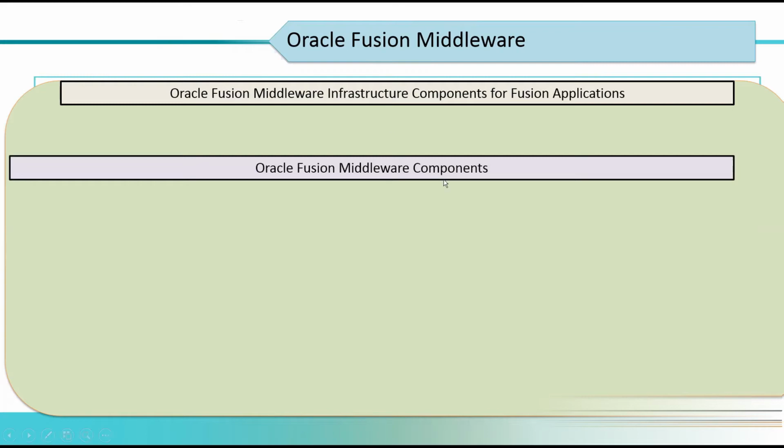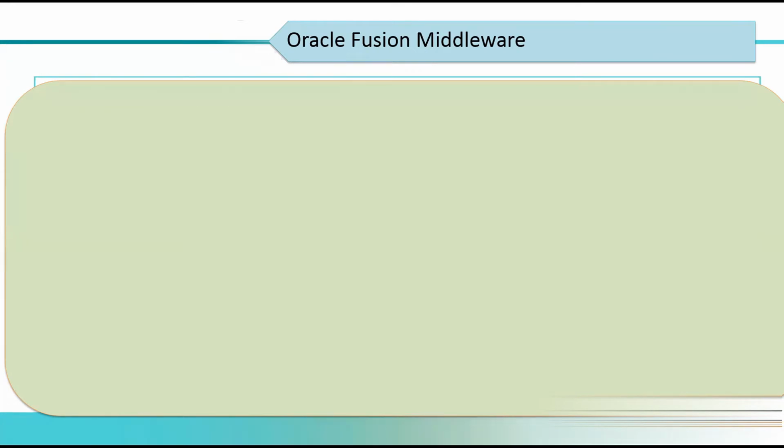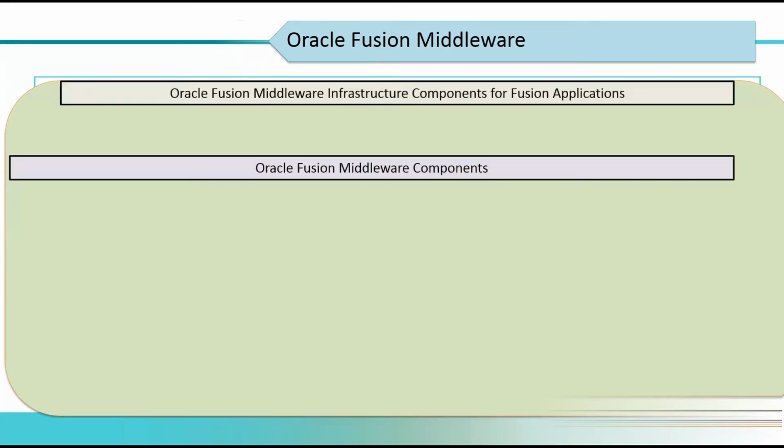So broadly categorizing, the middleware infrastructure components for Fusion applications are what you define in this section. They are used only for the Fusion applications product families. What are the product families we have seen here? To maintain those product families, Oracle will maintain a separate middleware infrastructure.